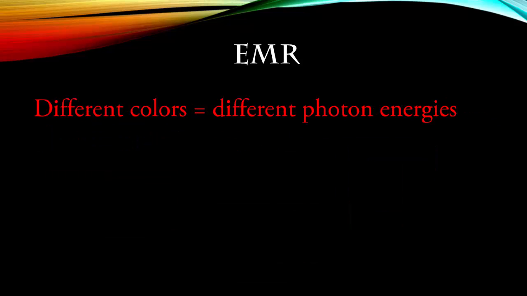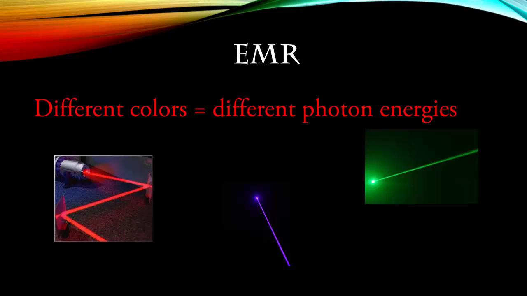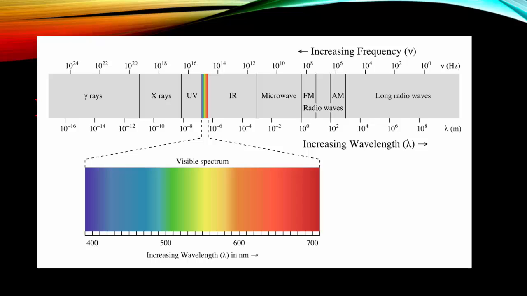This also means that different colors have different photon energies. So the energy of a red laser is different than the energy of a violet laser, which is different than the energy of a green laser. And if you take a look at the chart that we had in the previous video, we see that red light has a longer wavelength than the violet light.